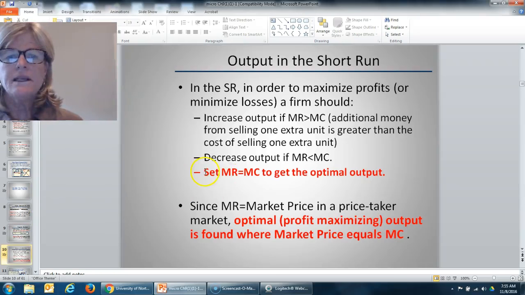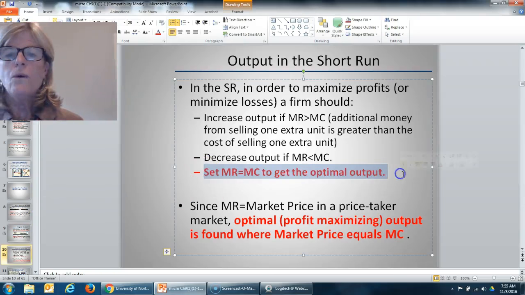So basically, what we're going to learn is how does the producer behave? The producer will behave where marginal revenue is equal to marginal cost. That will get you Q star. That'll be the optimal output for maximizing profit. What we'll learn is that if marginal revenue is greater than marginal cost, increase output.